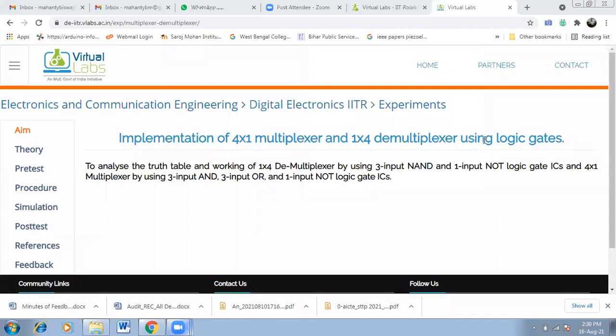If you apply 0, 0, 0, the 0 position output will be selected. If you apply 0, 0, 1, output number 1 will be selected. In that way, it passes your input to the output.